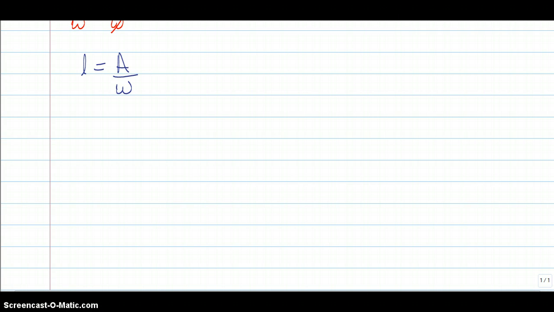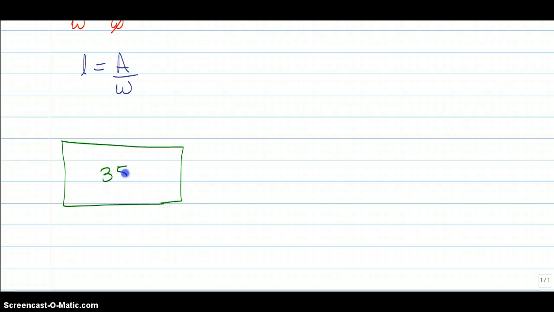Okay, now they want us to use our new formula, and they want us to find the length of a rectangle that has an area of 35 square feet and a width of 7. So now I have this rectangle. The area is 35 square feet. The width is 7. I need to find out what the length is.